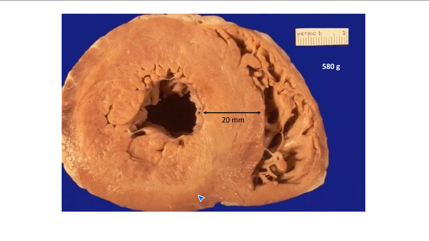What's the net effect of the increase in size of the cells? The same net effect as hyperplasia. Increase in size of the organ or tissue.